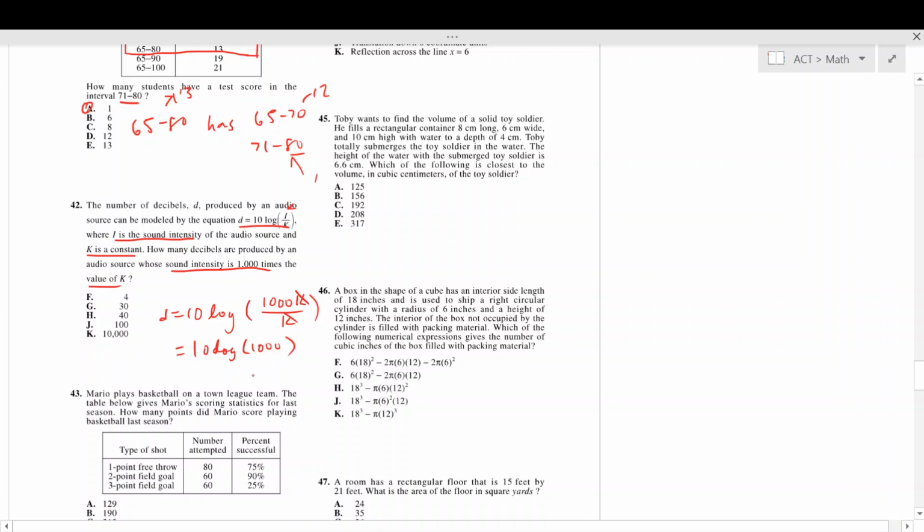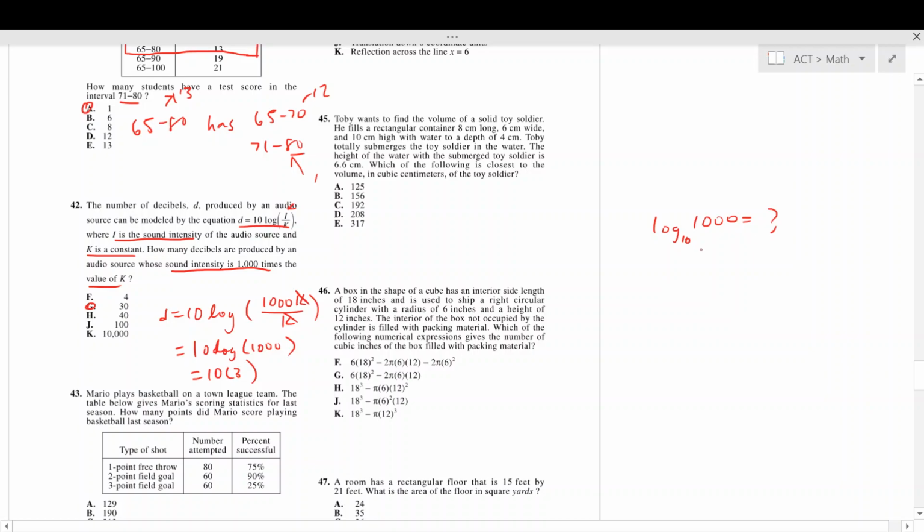Log 1,000 is equal to 3. So 10 times 3 is 30. And how we know that log 1,000 equals 3 is like so. Log, by default, if a base is not written, then we know it has a base of 10.